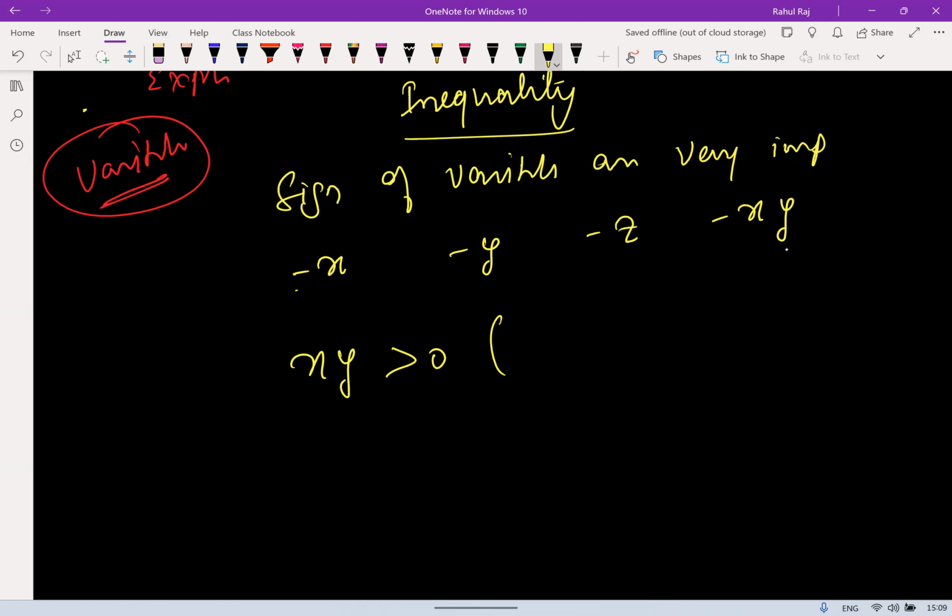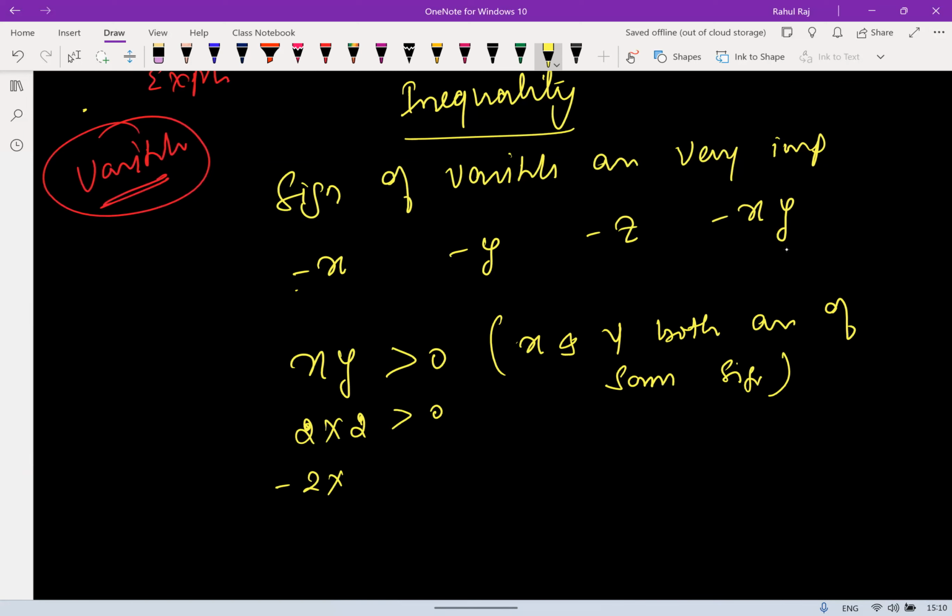Can I say x and y both are of the same sign? Yes, because 2 cross 2 is greater than 0, or minus 2 cross minus 2 is greater than 0. Simple, straightforward logic, right?